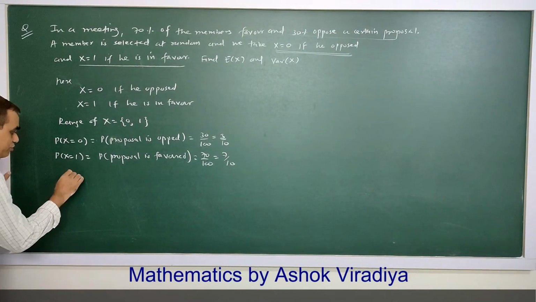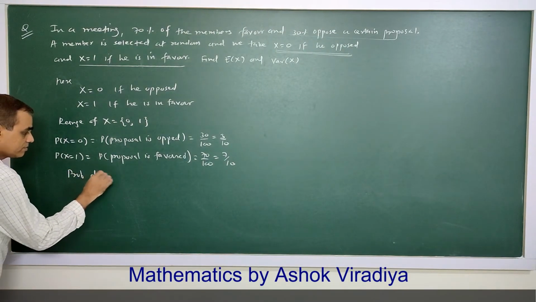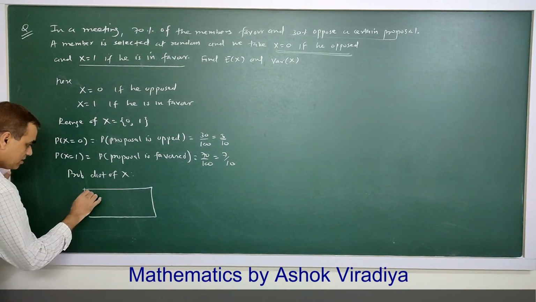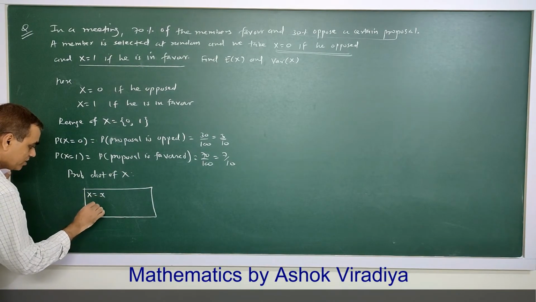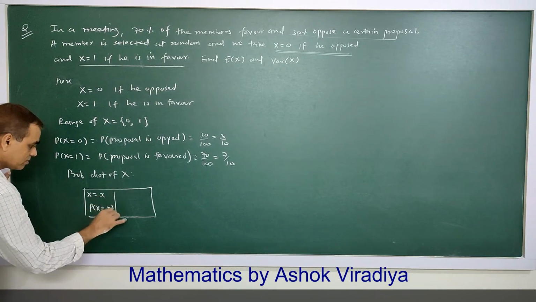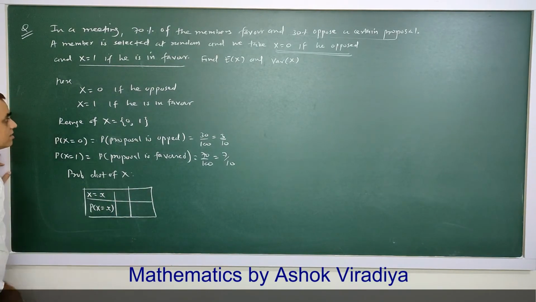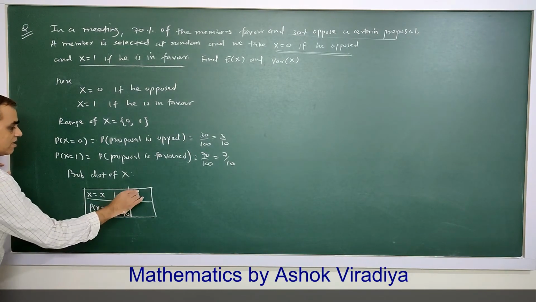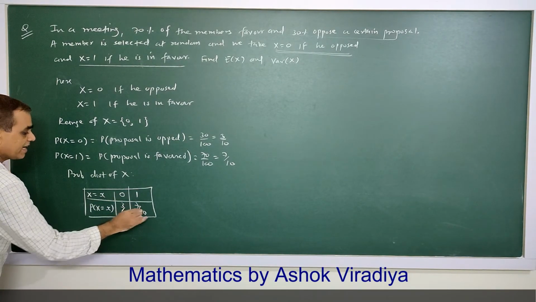So the probability distribution of X, here only two values, very simple. The probability of 0 is 3 by 10. That of 1 is 7 by 10.